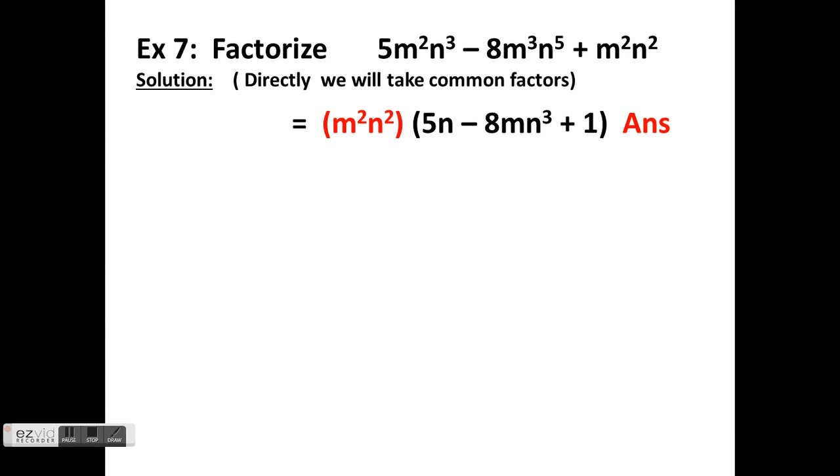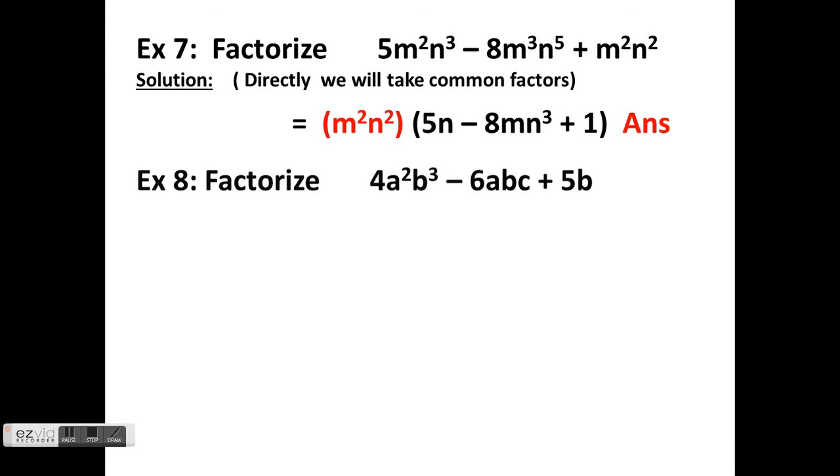Now next, 4a square b cube minus 6abc plus 5b. Here also we are going to do it directly. 4, 6, 5 numbers, nothing is common. A square, a, in the third term a is not there, so a is not common. See b cube, b, b. Clearly one b is common.